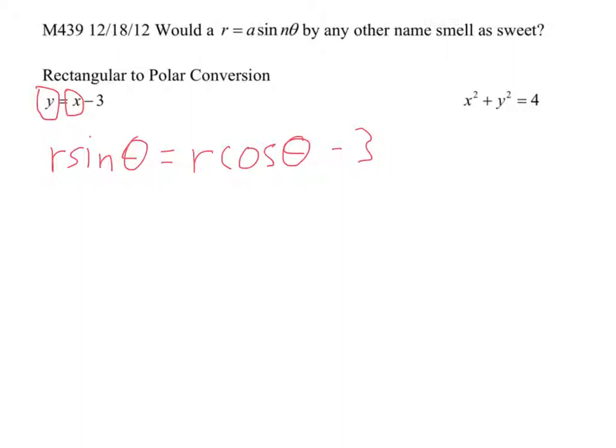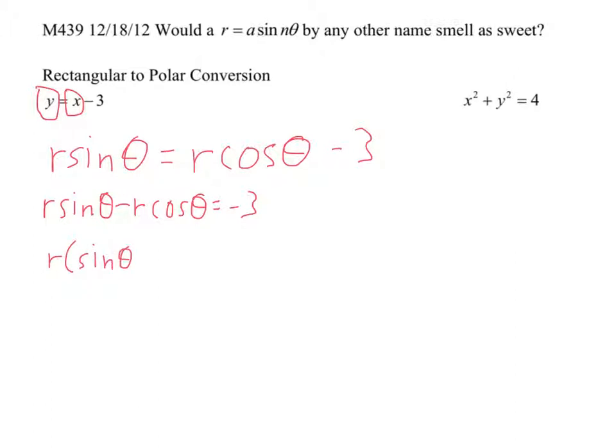And now, to get this to polar form, we are going to go ahead and get our r's to the same side and then factor out the r. So that would be r times the sine of theta minus r times the cosine of theta equals negative 3. Let's factor out the r.